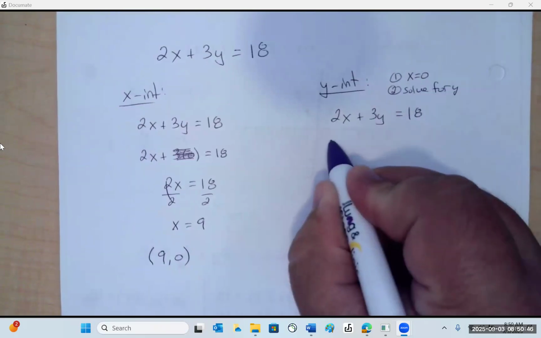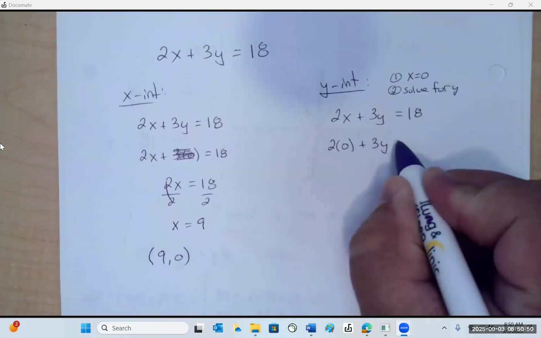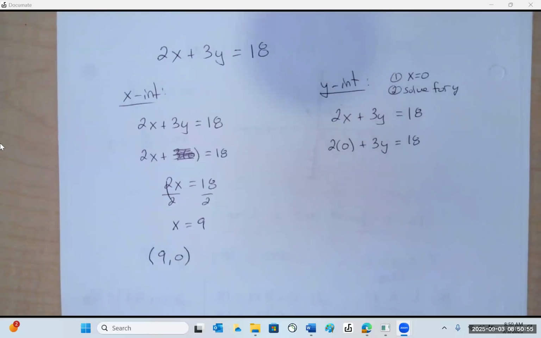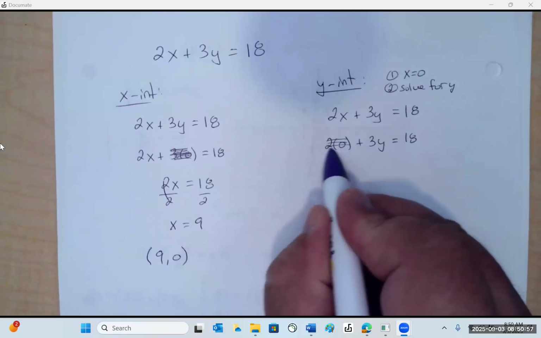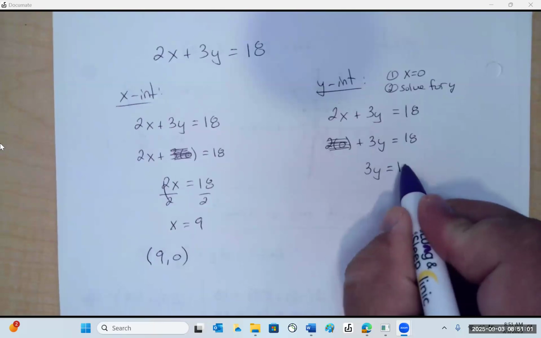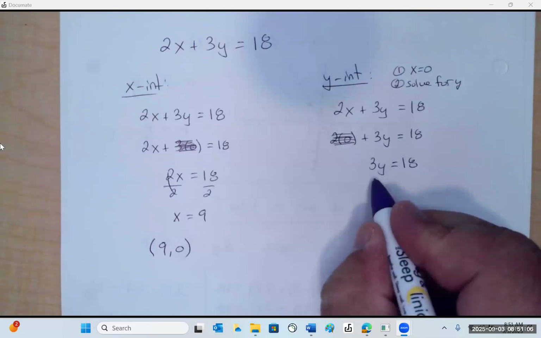So we have 2 times 0 plus 3y equals 18. 2 times 0 is 0, so it just disappears. We have 3y equals 18. Solve for y, divide by 3.